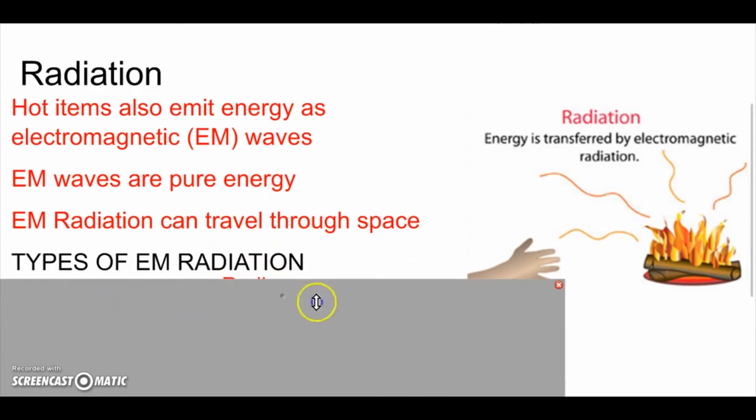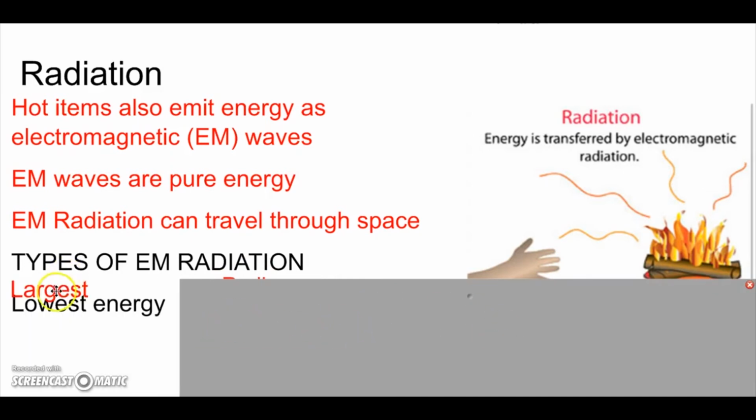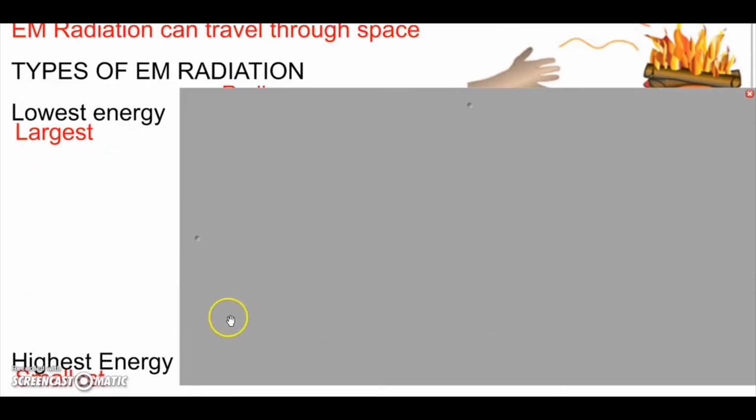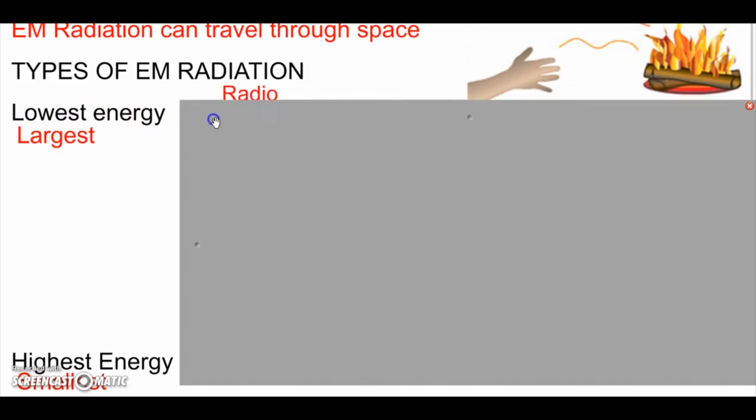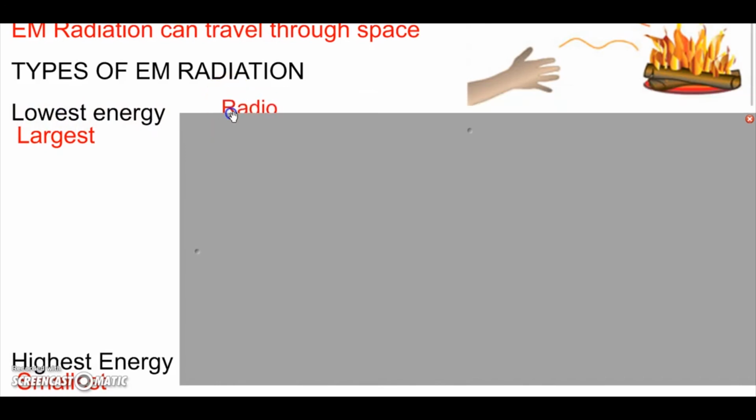All right? Now the types, they start with the lowest energy, and they happen to be the largest. The lowest energy ones are huge. There are electromagnetic waves bigger than a city. But they have very low energy, and those are called radio waves.